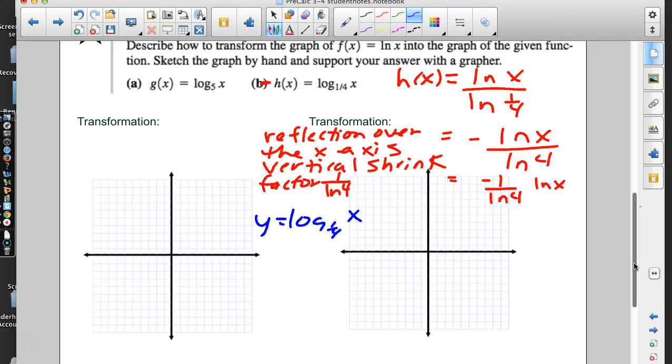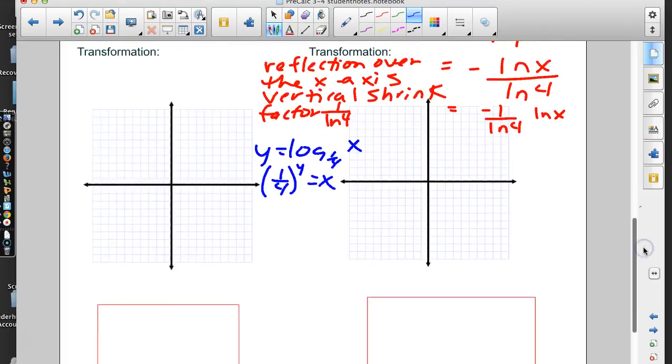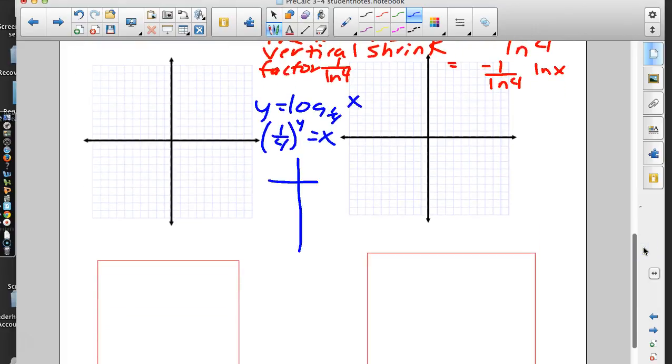So 1/4 to the y equals x is what we have. And again, we're going to make the table backwards and put some values in for y. But this time, because it's a 1/4 base, I do want to flip it. I want some nice numbers out of it. So -2, -1, 0, 1 might be good ones to do.